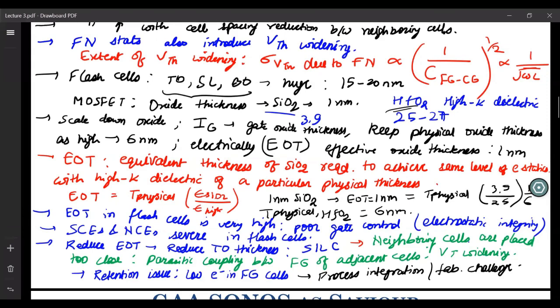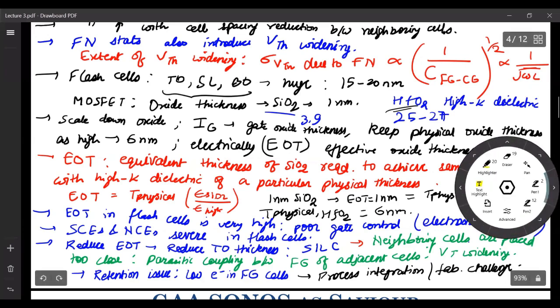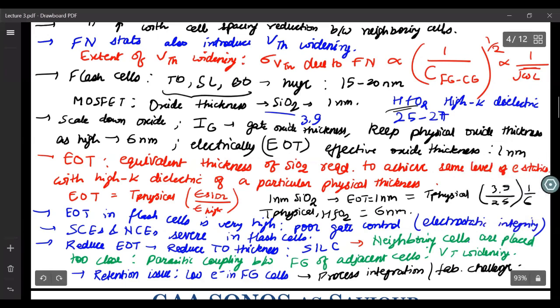That is available as well. But even if you take all these efforts to integrate the floating gate cell and pattern it well below 20 nanometers using EUV, all these other factors like this VT widening remain. If the cell itself is not functioning well, if its operation is not good when you are scaling it, then what is the use of scaling?